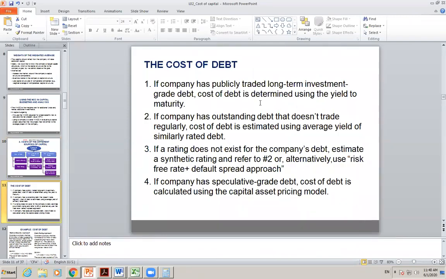And if a rating does not exist for the company's debt, we estimate a synthetic rating, and alternatively use the risk-free rate plus default spread approach. And fourth, if the company has speculative grade debt, the cost of debt is calculated using the CAPM model.